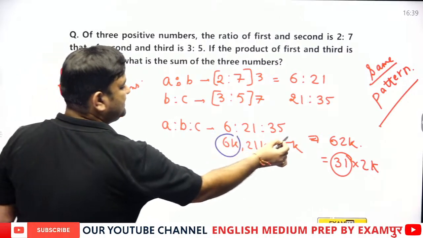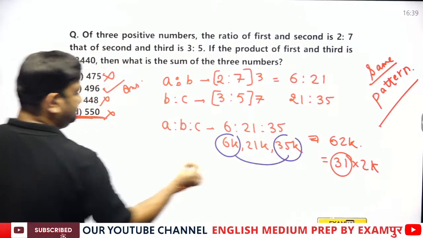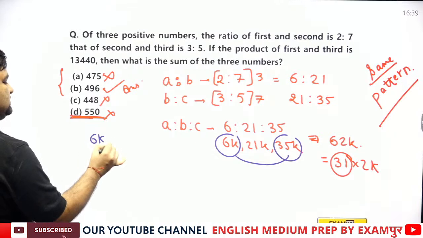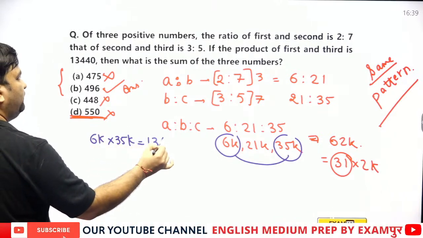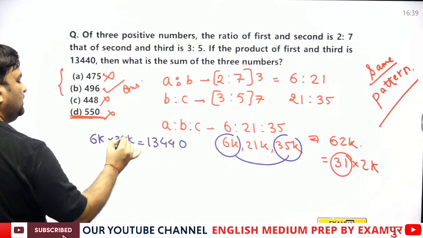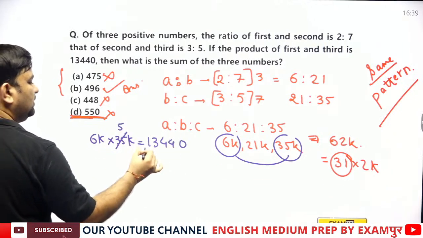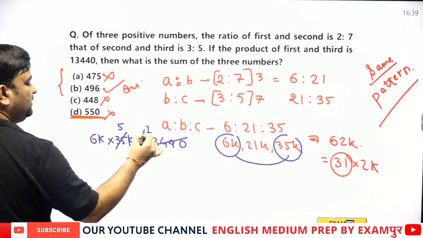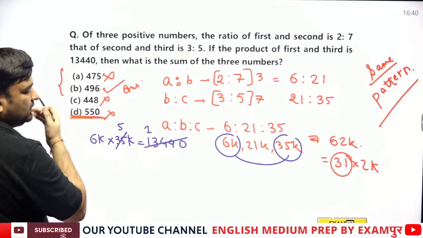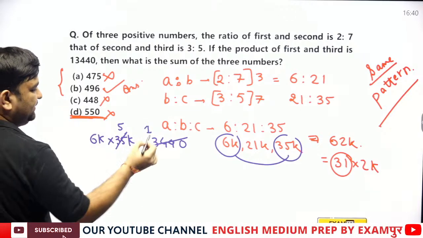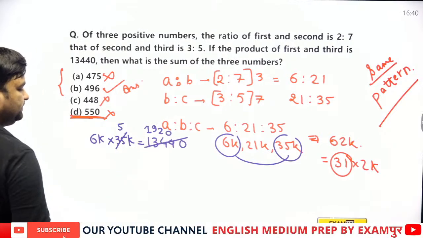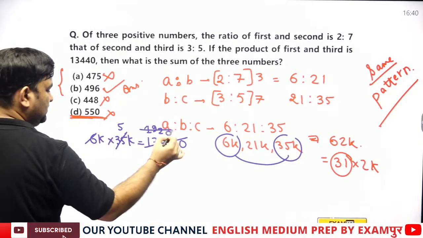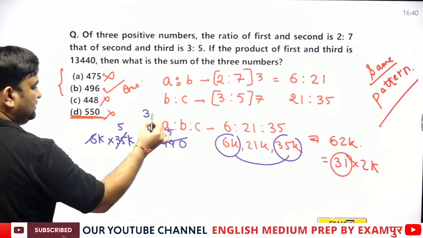Completely, 6k into 35k is given as 13440. 7 5 ja, 7 1 ja 7. Then 64, 7 9 ja 63, 1920. 6 3 ja 18, 320.